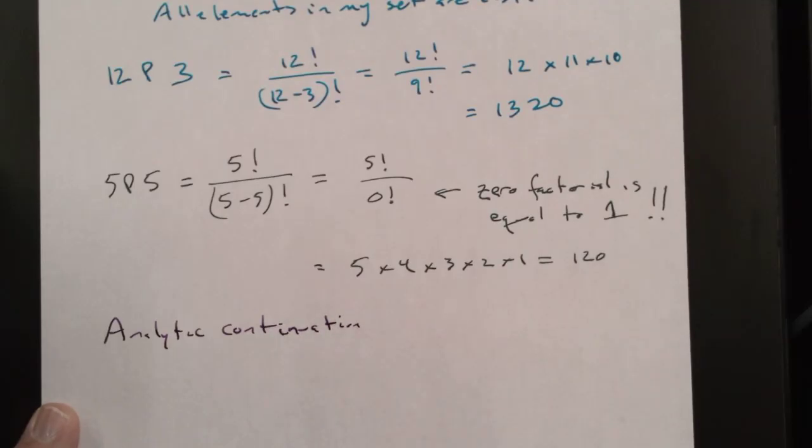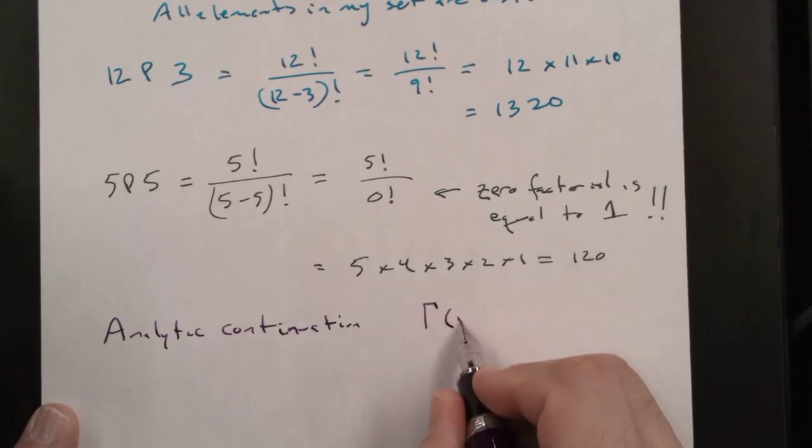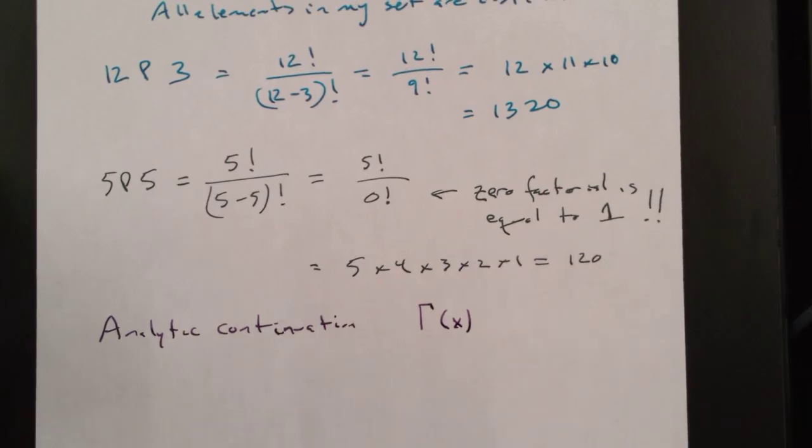And when we do that, we get a function called the gamma function. That is a capital letter gamma. Sometimes it has a little foot on it, and it kind of looks like you're playing hangman.